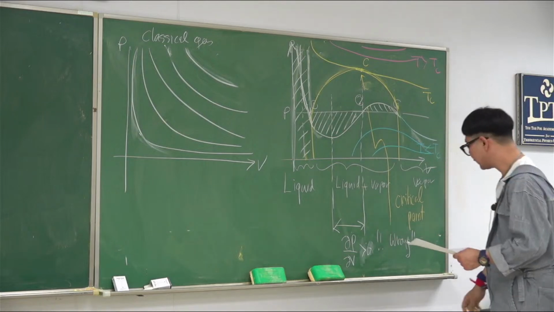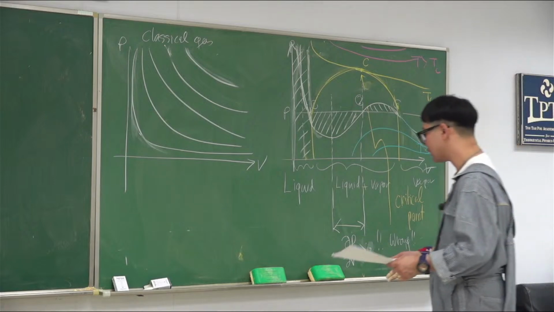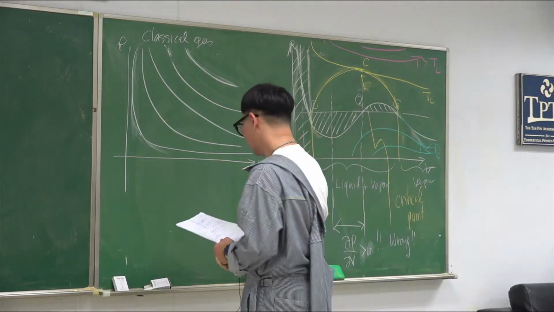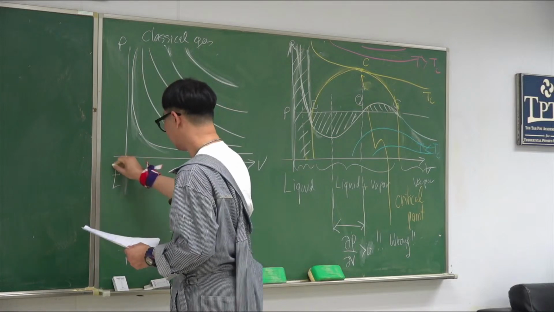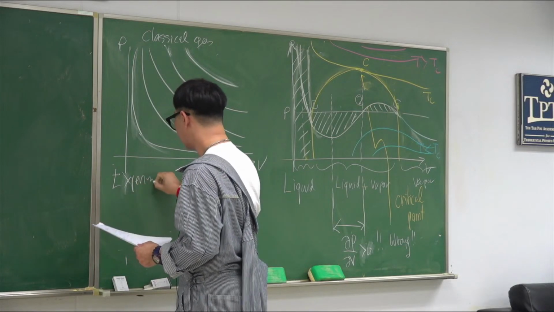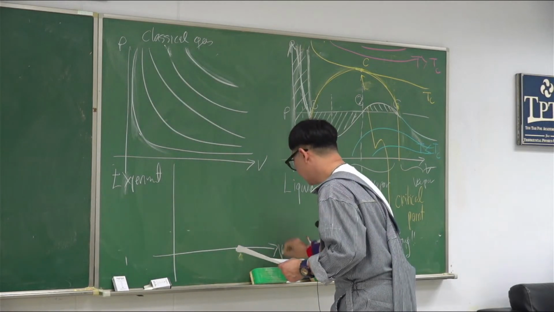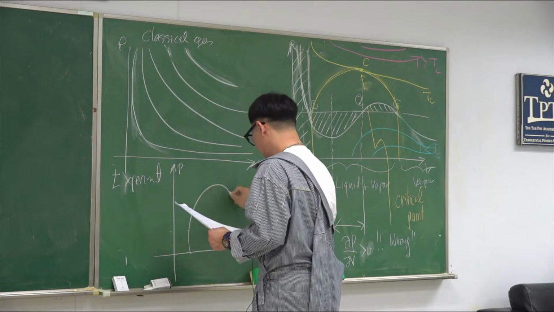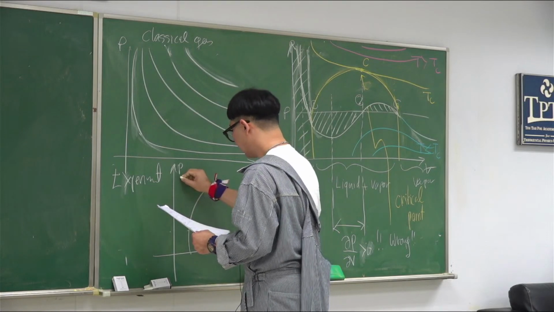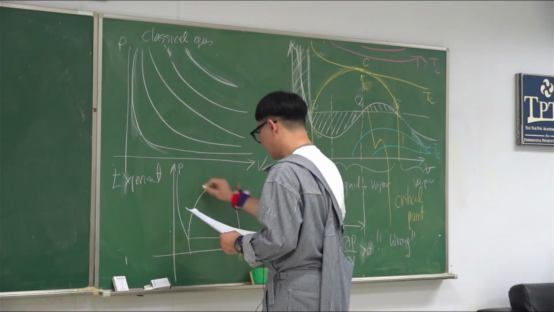We don't want it. Why don't we want it? Because from the experiment, the graph of this PV is going to be like this. You probably see this kind of thing, right?